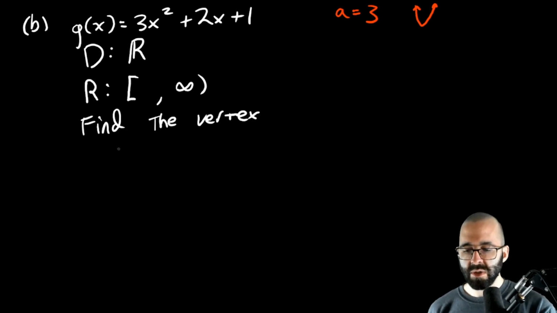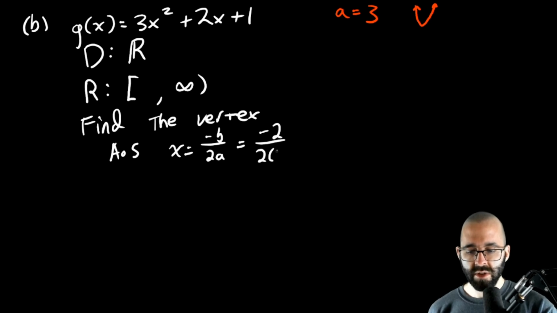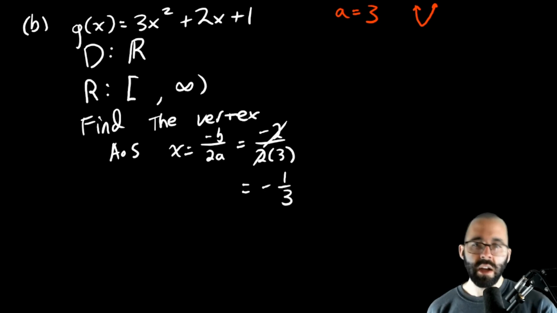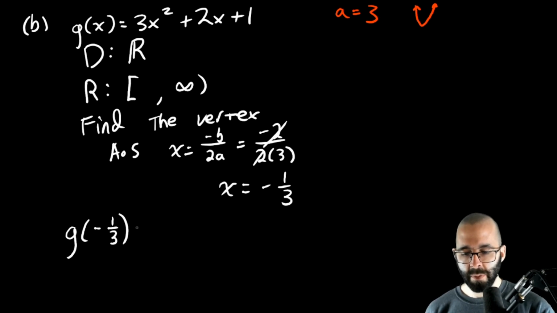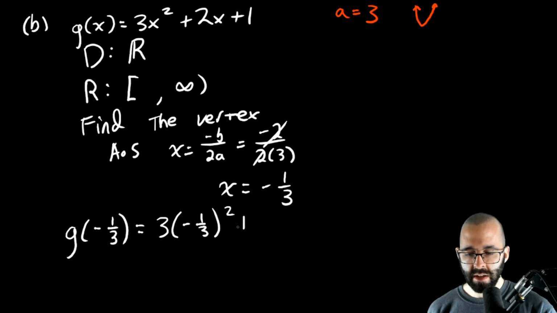The axis of symmetry is useful for finding the vertex. That's at negative b over 2a. That's negative 2 over 2 times 3. The 2's cancel. That's negative 1/3. Well, the y value at the vertex is just the function value on the axis of symmetry. The function value at this axis of symmetry is going to be 3 times (negative 1/3) squared plus 2 times negative 1/3 plus 1.